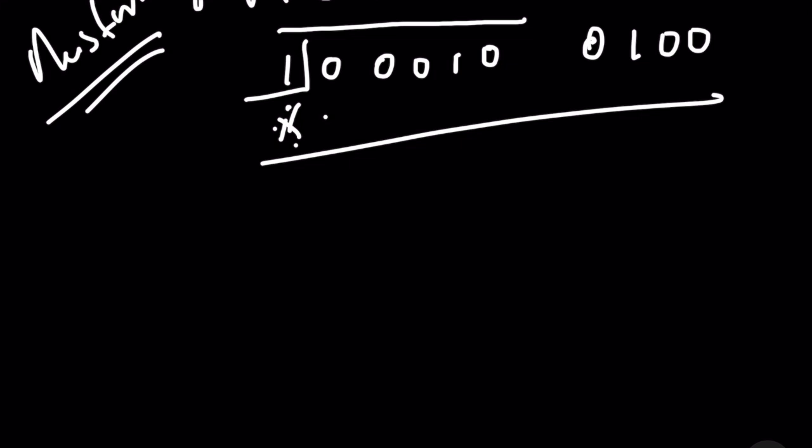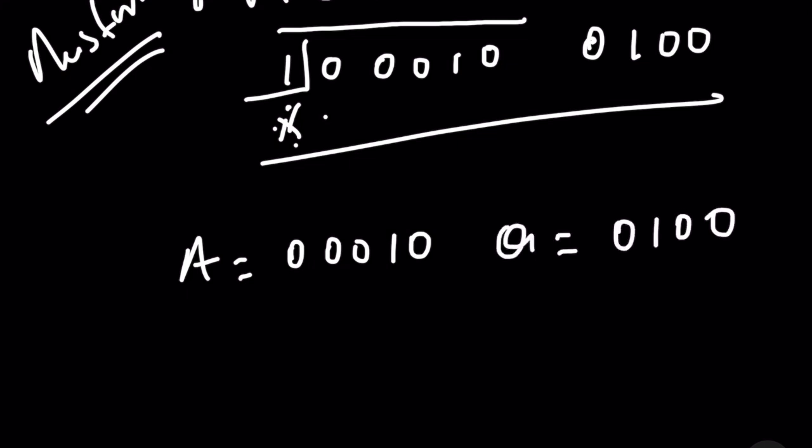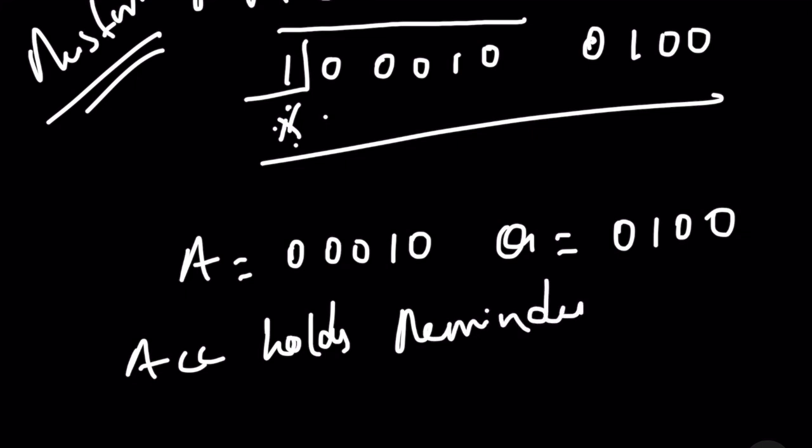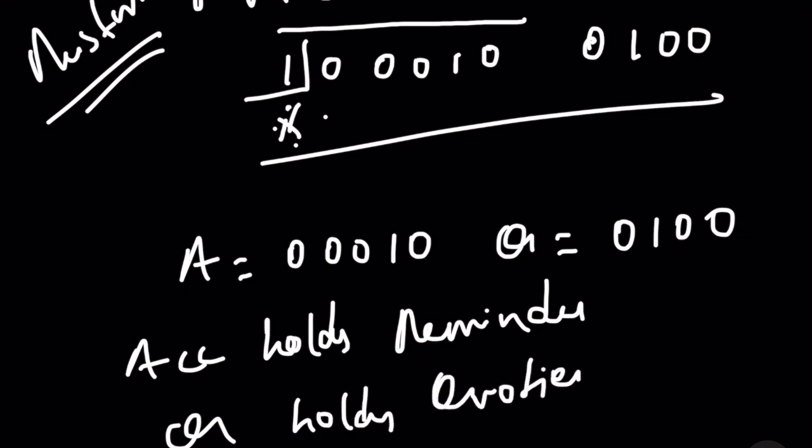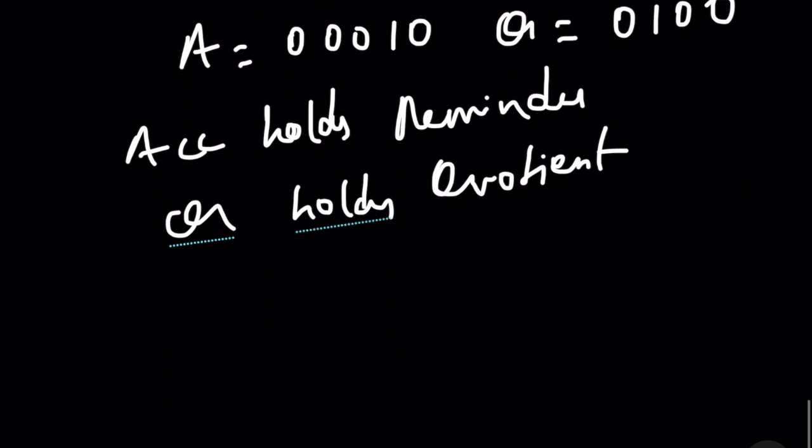We got A is equal to 00010, Q is equal to 0100, and the accumulator holds the remainder, Q holds the quotient. So what happened now?